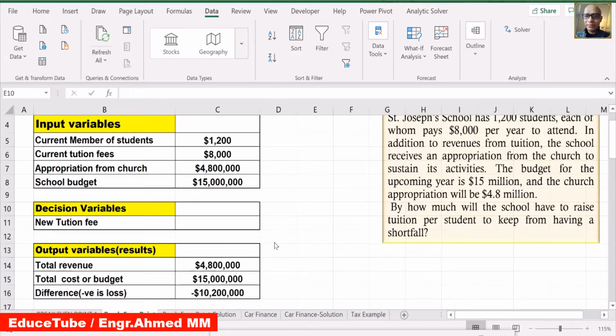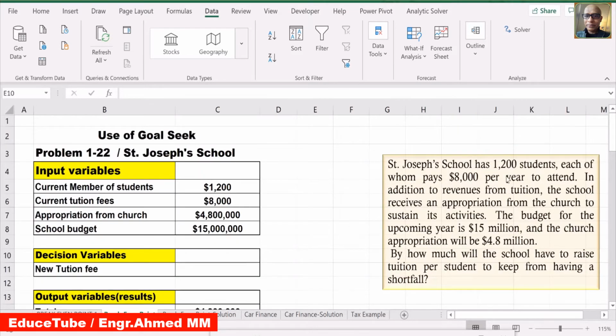So we have to use Excel formulas. The target is to develop a solution. What is that solution? It is to determine the best value of the decision variables. How to do that? Using goal seek. So let's start.